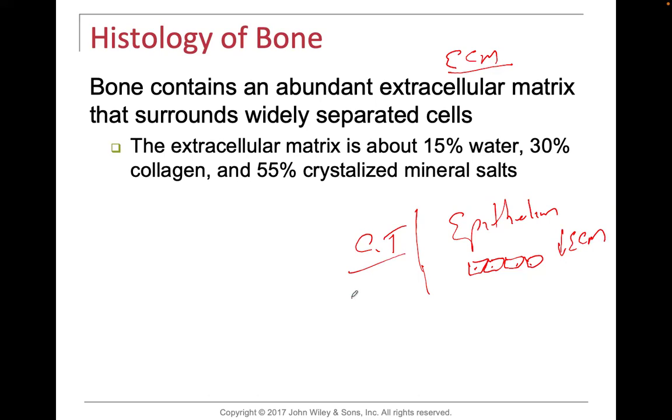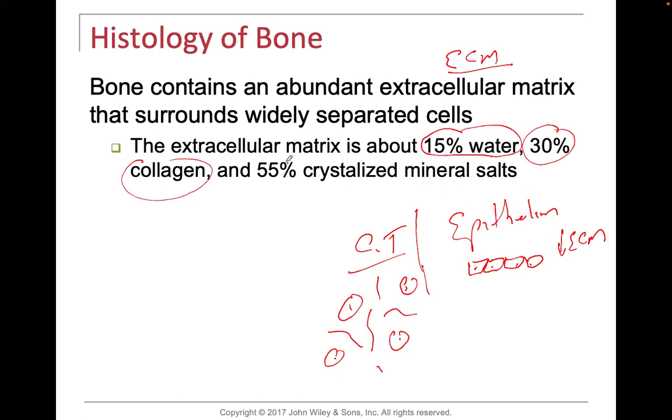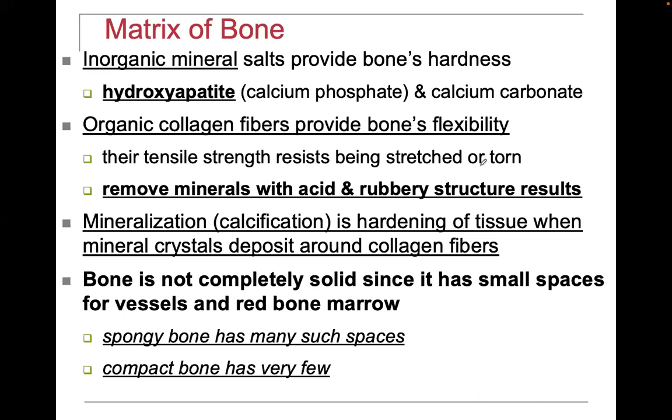But connective tissue is when you have cells that are scattered far apart and you have lots of proteins, lots of extracellular matrix, and the cells are separated. That's connective tissue. So the ECM is about 15% water, about 30% collagen, and about 55% mineralized salts.